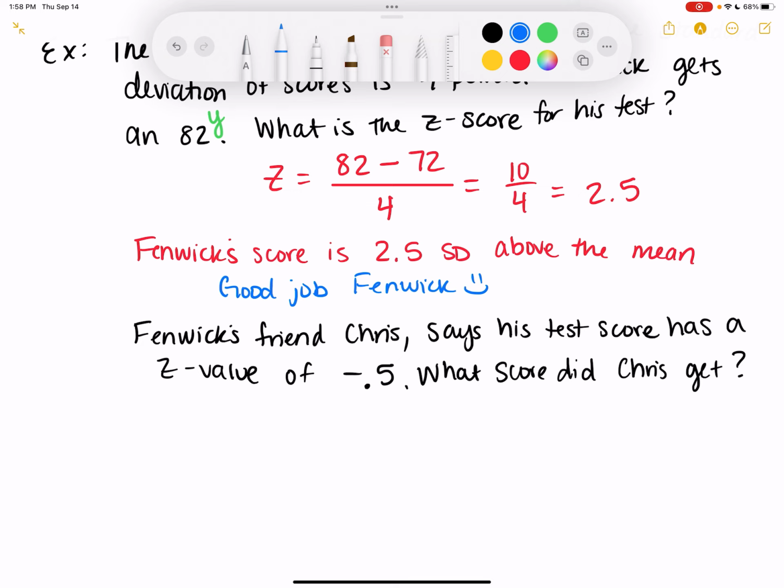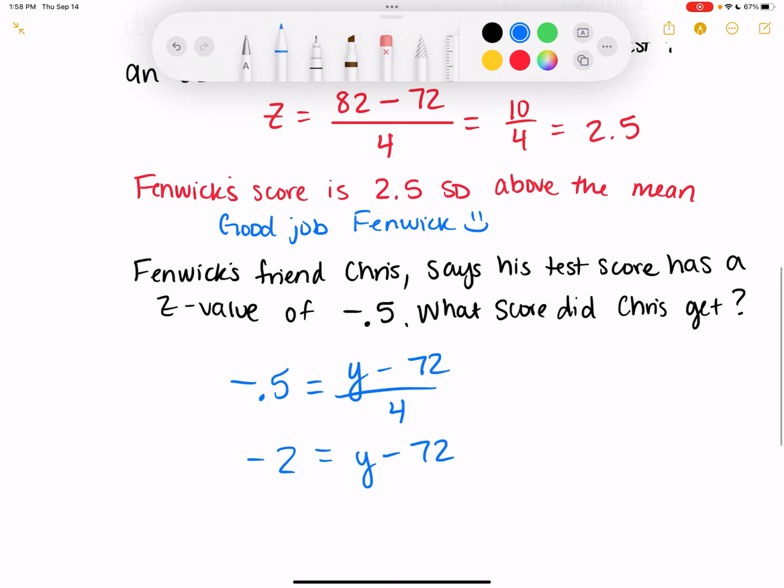So we plug in the z-value, so negative 0.5 is equal to y minus 72, still the mean, over the standard deviation of 4. 4 times 0.5 is, well, negative is negative 2. y minus 72. Add 72. So he got a 70.